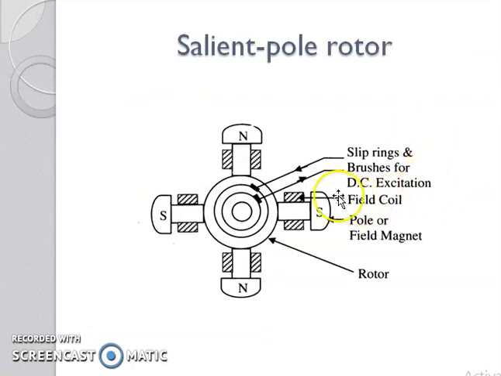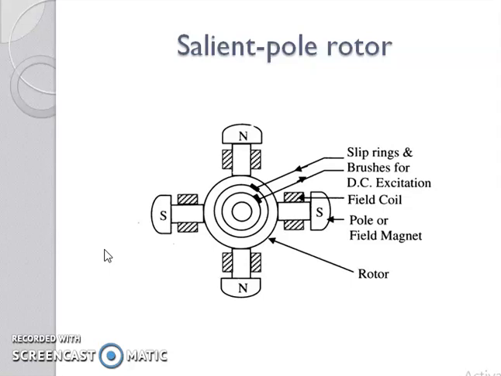And this is the salient pole rotor, where the axial length is like this. This type of rotor will not be used for high speed machines because it produces noise. As it produces noise, salient pole rotors are used for low and medium speed applications.